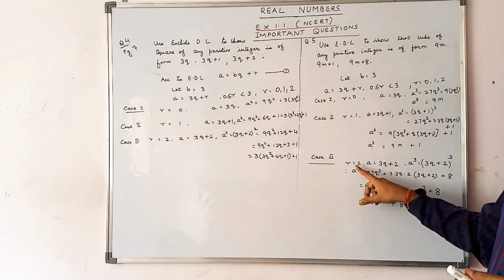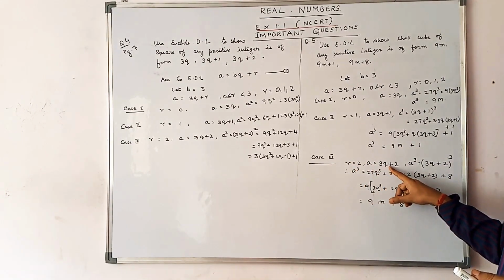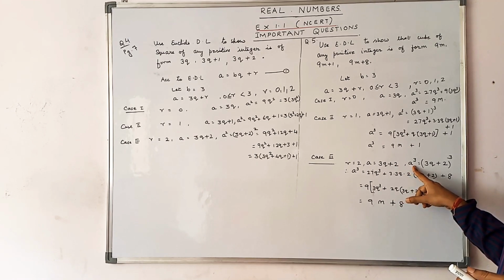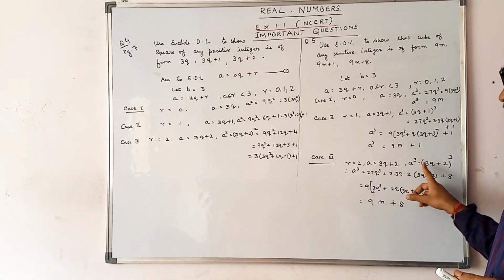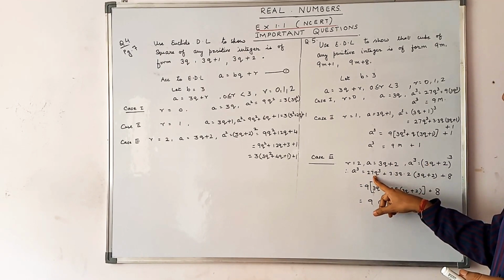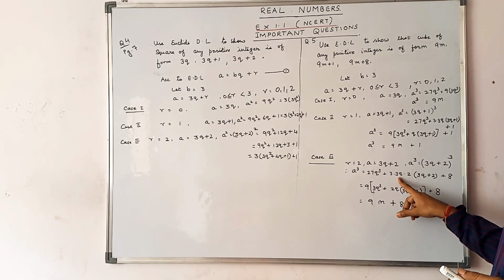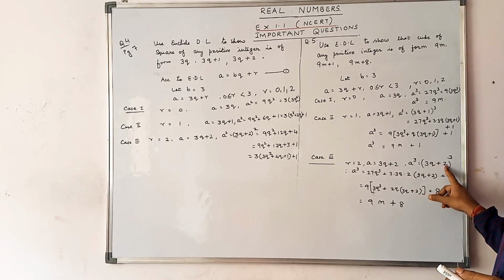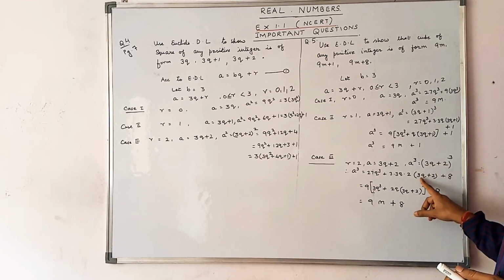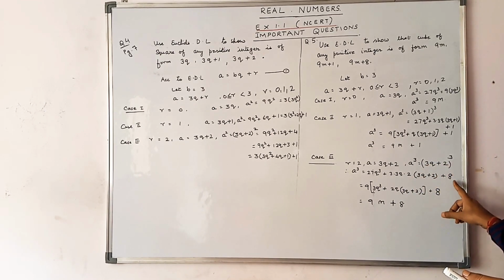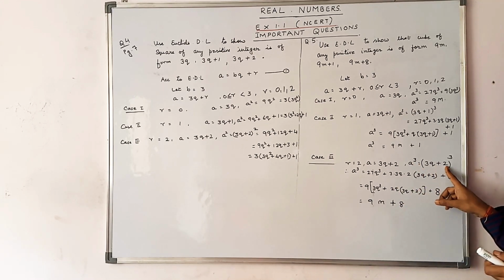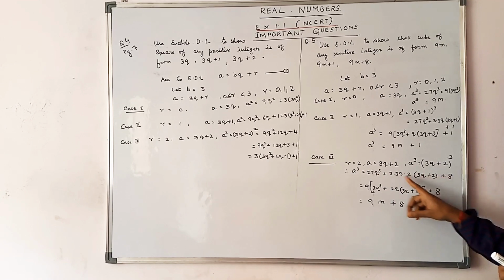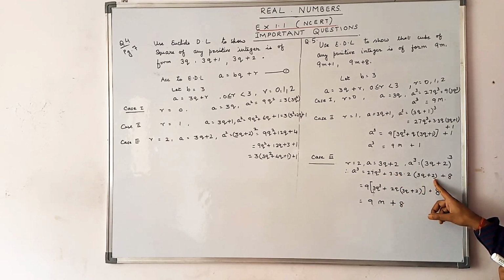Case 3, r is equal to 2, a is equal to 3q plus 2. So a cube is equal to (3q plus 2) cube. a cube is equal to the cube of 3q, 27q cube, plus 3 times 3q into 2, this and this multiplication, then again the sum of these two, (3q plus 2), plus 2 cube, that is 8. Again the same formula, (a plus b) cube is equal to a cube plus b cube plus 3ab (a plus b).